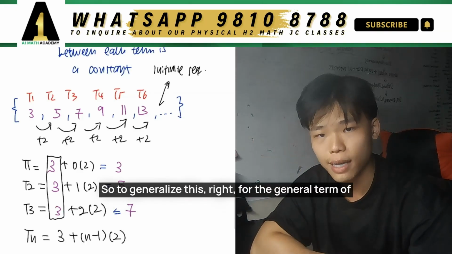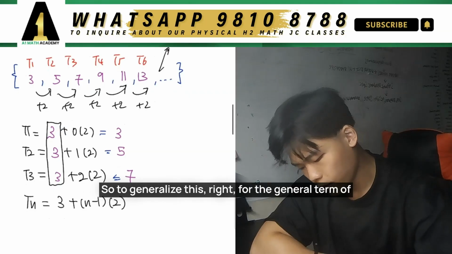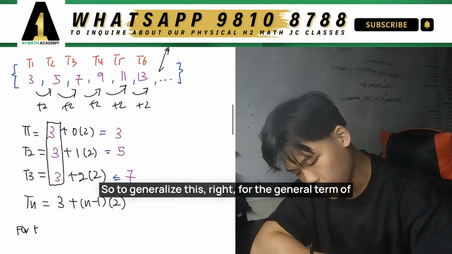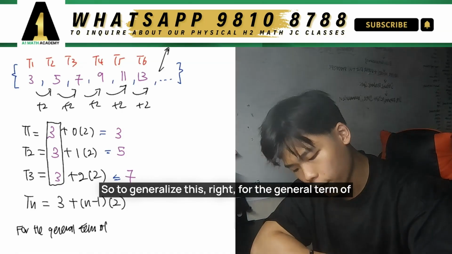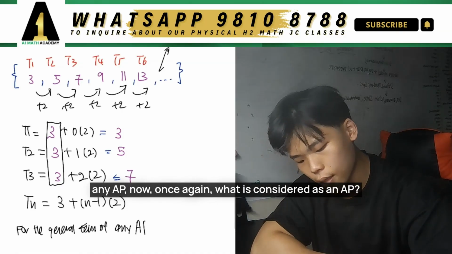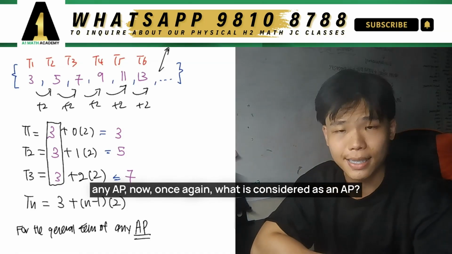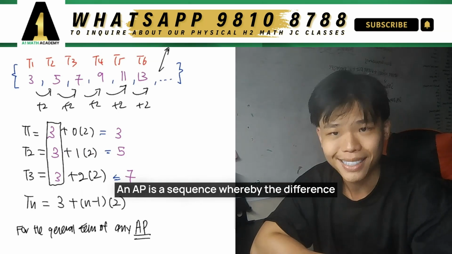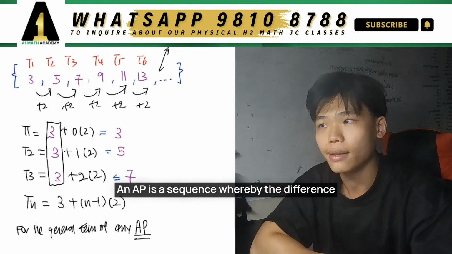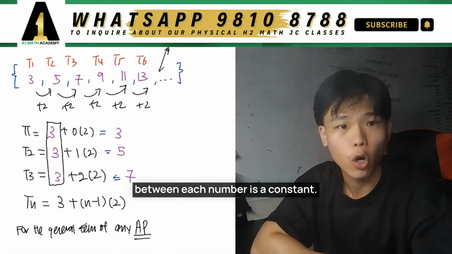So to generalize this, for the general term of any AP: once again, what is considered an AP? An AP is a sequence whereby the difference between each number is a constant.